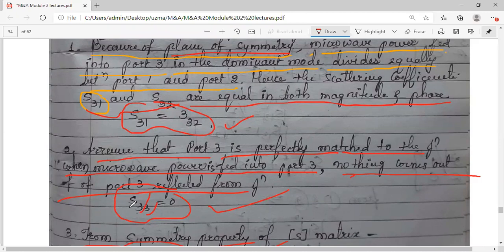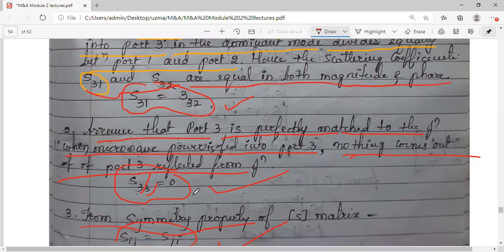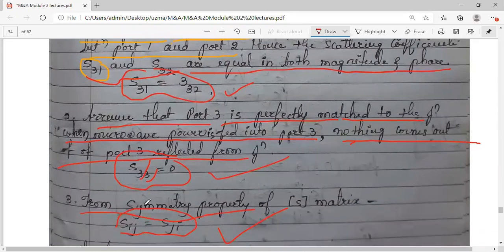That is, no reflections coming out from the junction towards port 3. So it is S33, complete absorption. S33 is equal to 0. Third property, by the S matrix symmetry property, Sij is equal to Sji. So I will use these properties and I will write the S matrix.